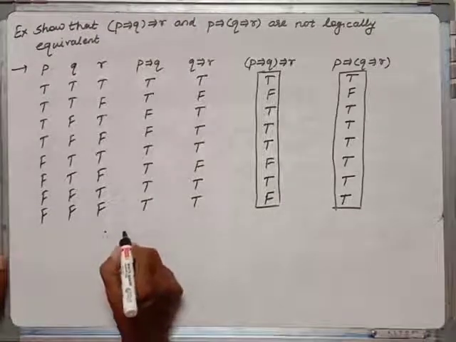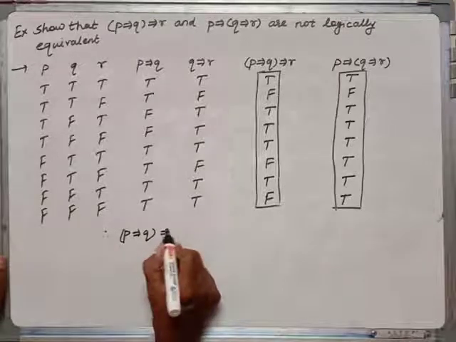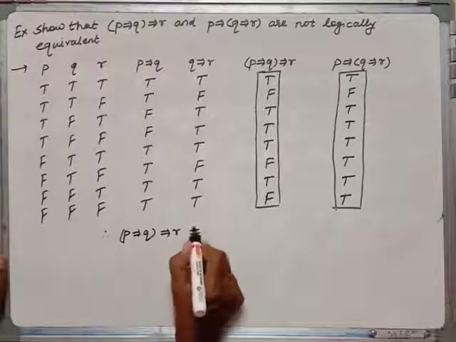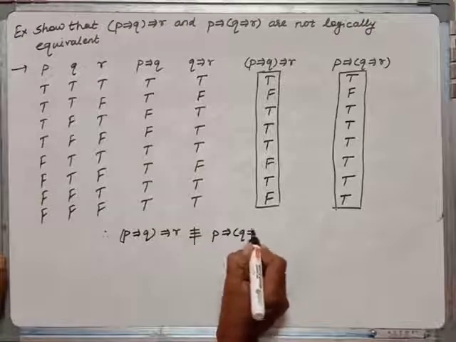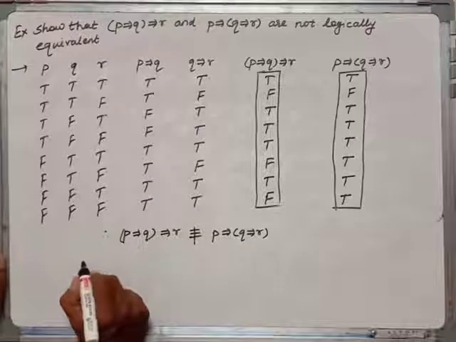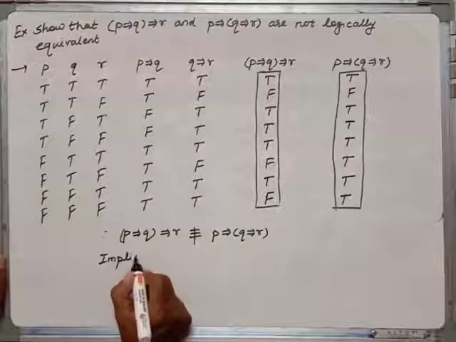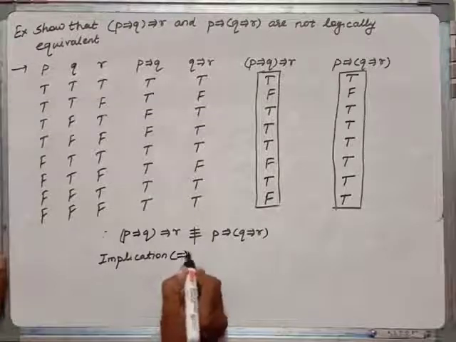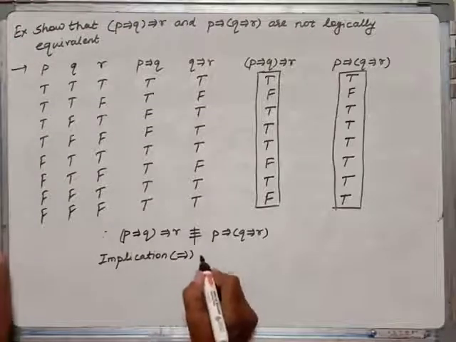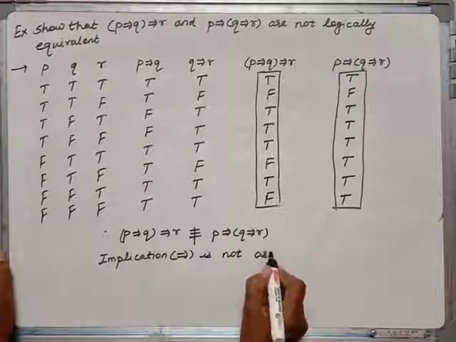So this implies (P implies Q) implies R is not equivalent to P implies (Q implies R), or we can say this logical connective, implication, is not associative.